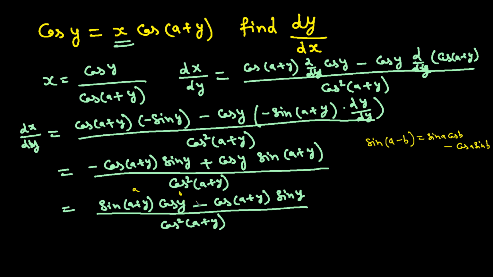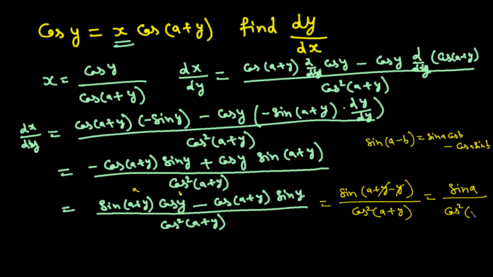Okay, so the numerator can be written as sine of a minus b, and a over here is a plus y, minus b, which is my y, that's it, and divided by cosine square of a plus y. Okay, and y cancels out, and this gives me sine a over cosine square of a plus y. Okay, so this is my dx over dy.